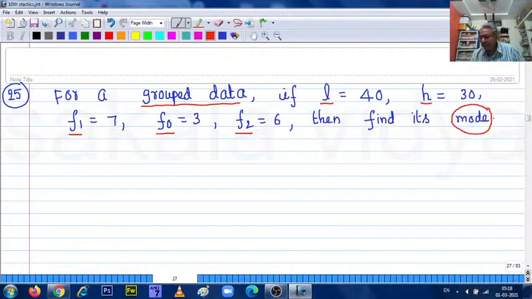So first of all, write down the given data. After writing the given data, write down the formula to find out mode of the group data. After that, you need to substitute L value, F1, F0, F2 and H value after prior simplification. After simplifying it, after numerical calculations, you will get the answer for the mode. So let us proceed.